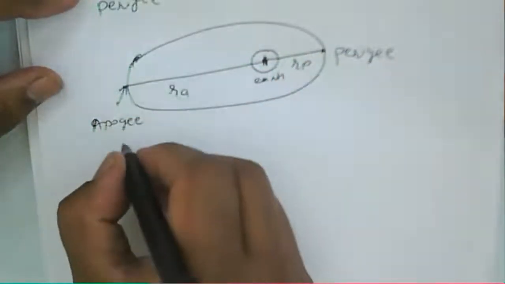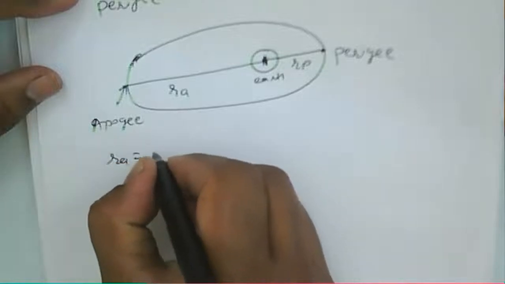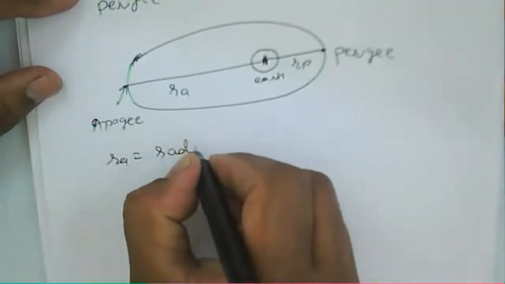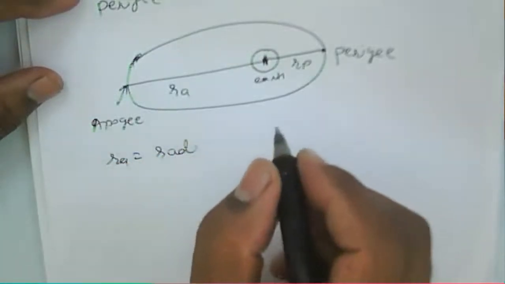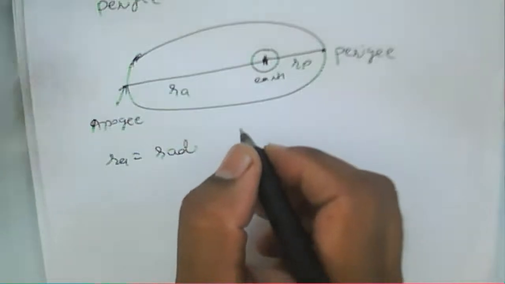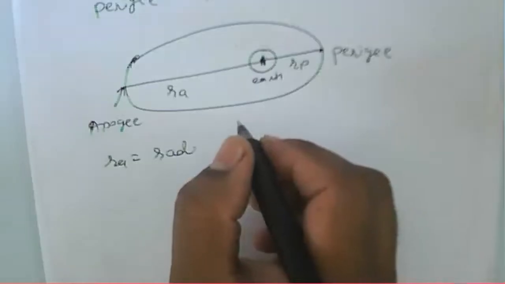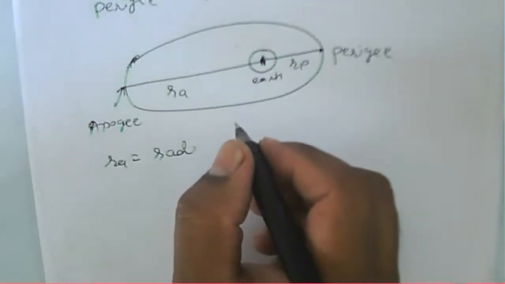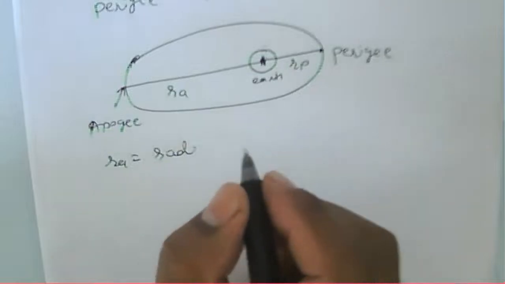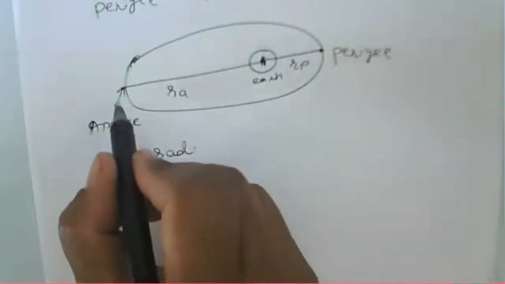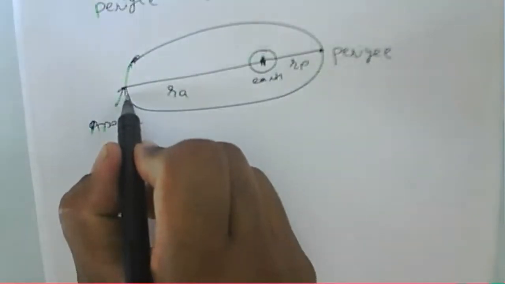This RA, RP, we can say is a radius, or a length from the center of the earth to the apogee point.